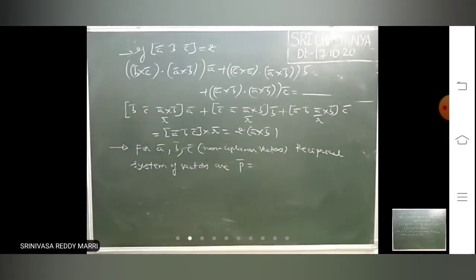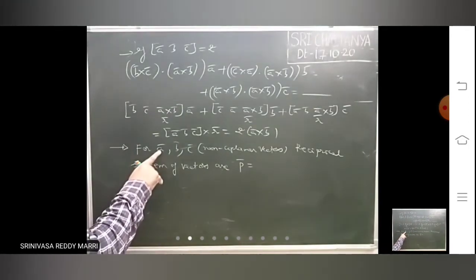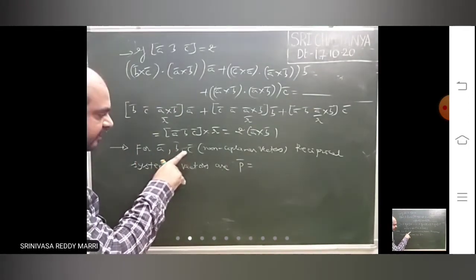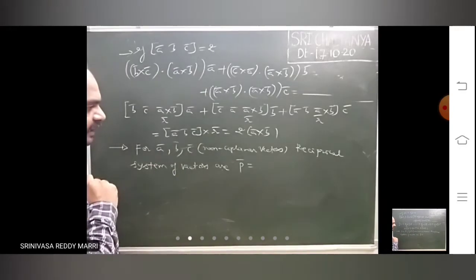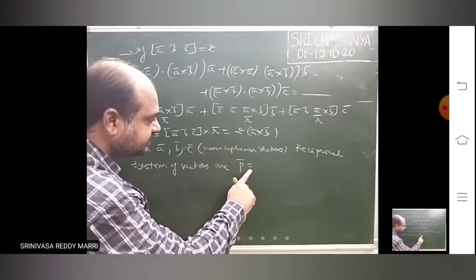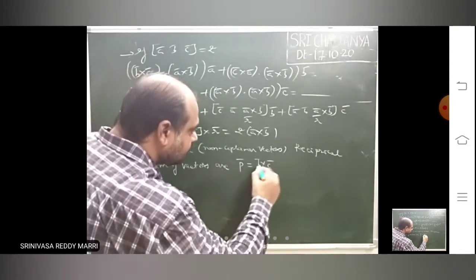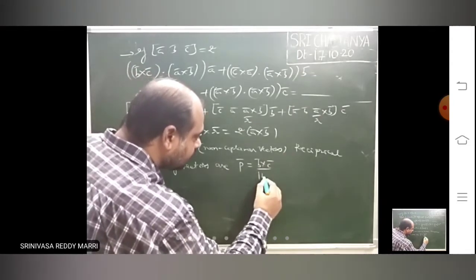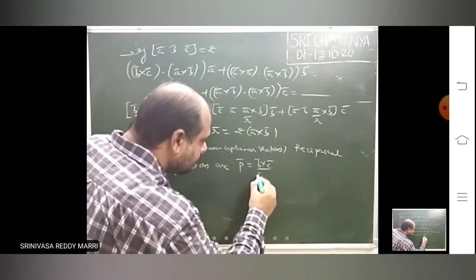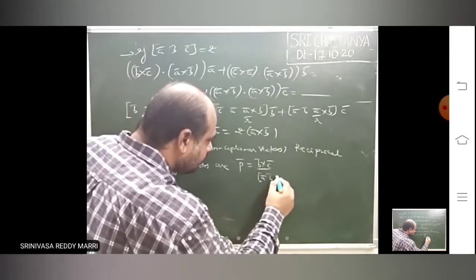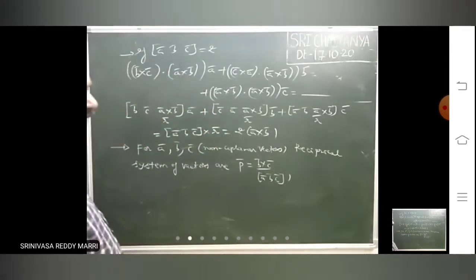Whenever it is given reciprocal system of vectors of A bar, B bar, C bar, look at this. This is one vector.